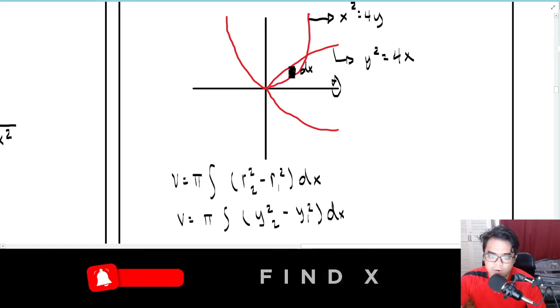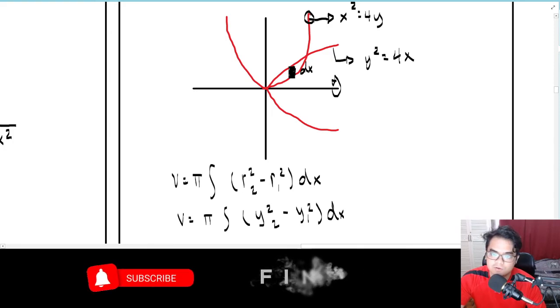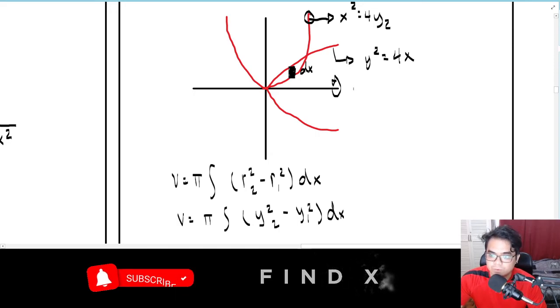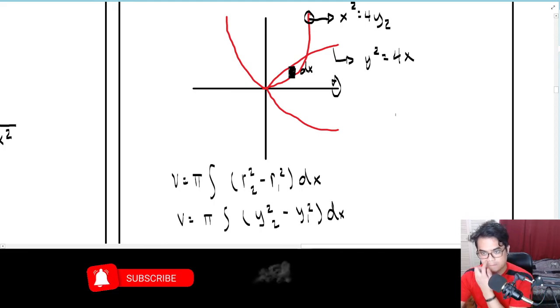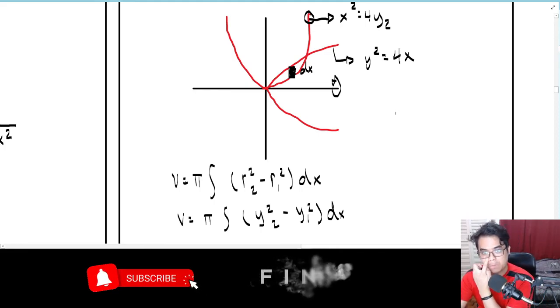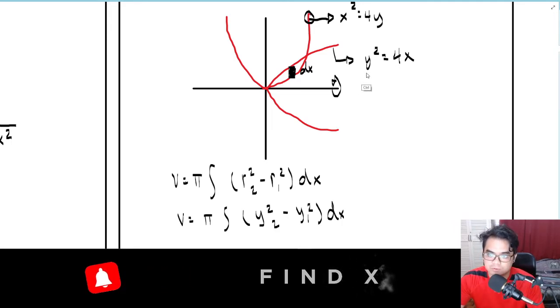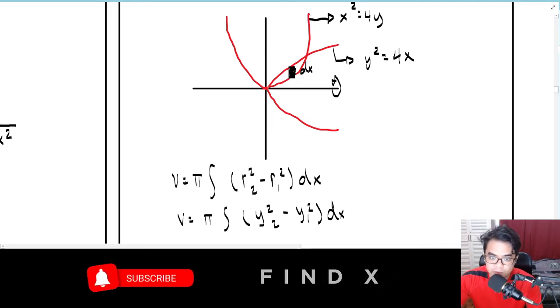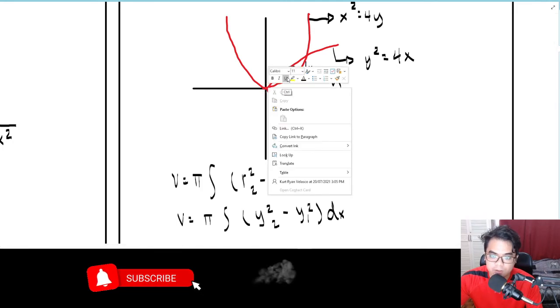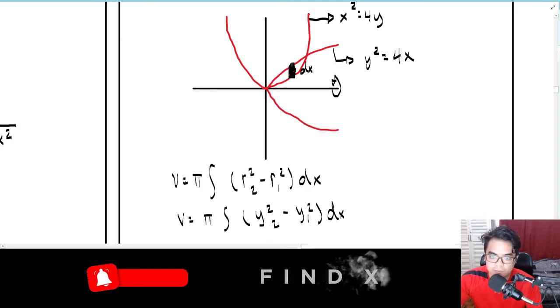So the upper one will be this one, right? Oh, no, that's not the upper one. The upper one will be this one.